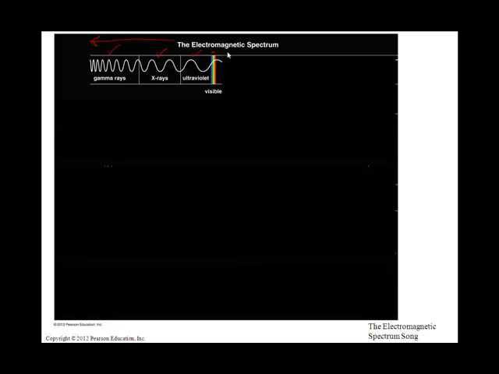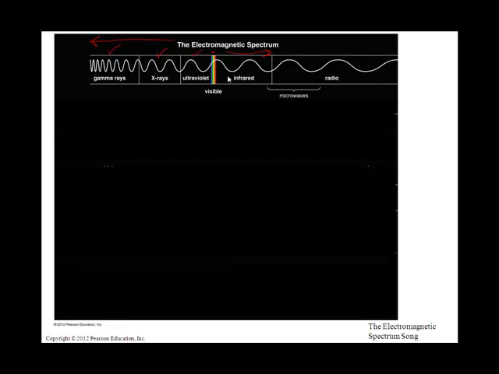All right, so let's go to longer wavelengths than light. And here you go. You've probably heard of infrared. Part of infrared is thermal energy we call heat. So infrared is longer wavelength than visible light, and even longer than that are microwaves, and even longer than that are radio waves.